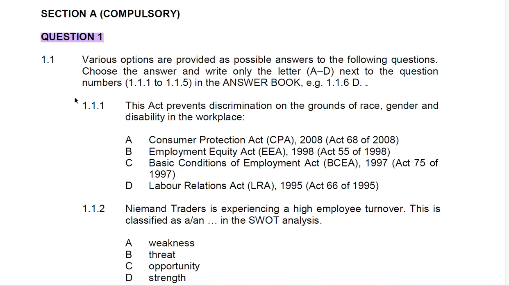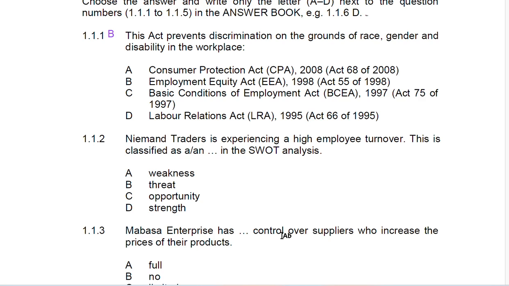So in order for you to provide an answer to this question, you will put B. That's how you're going to respond when you're writing your final exam. You are only going to write B, and you're not going to do anything extra after you have written B.